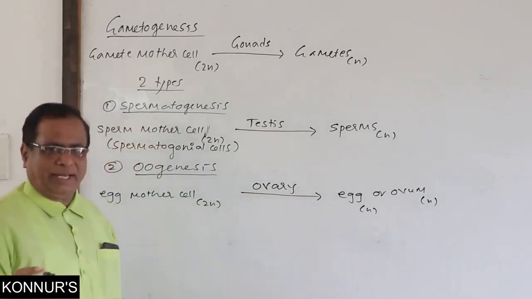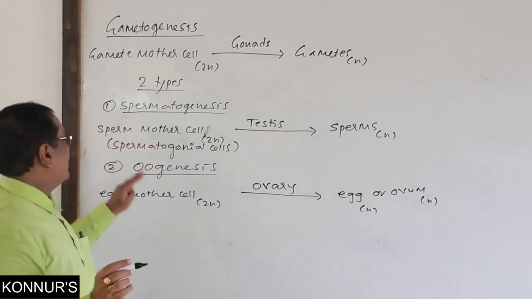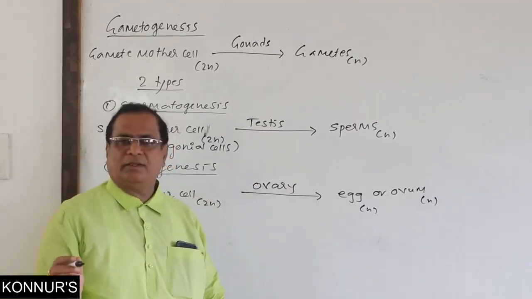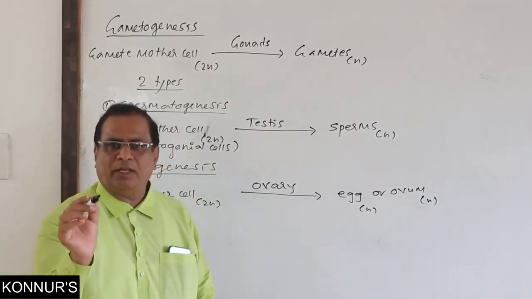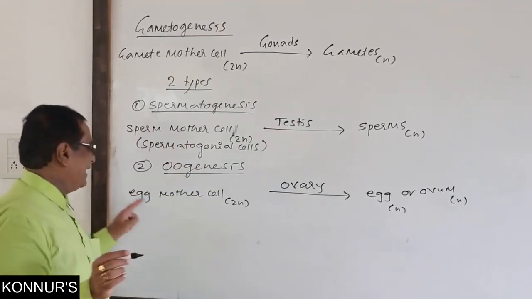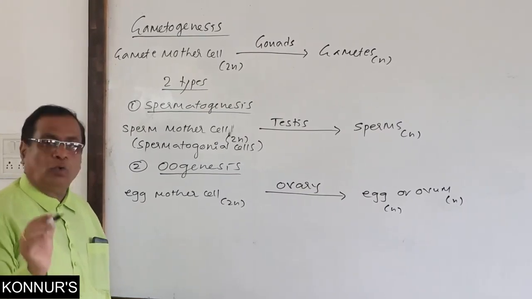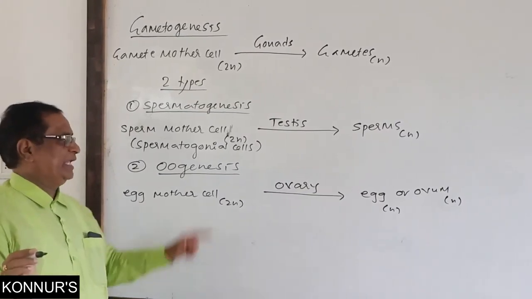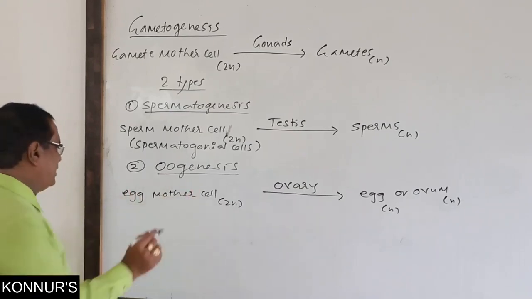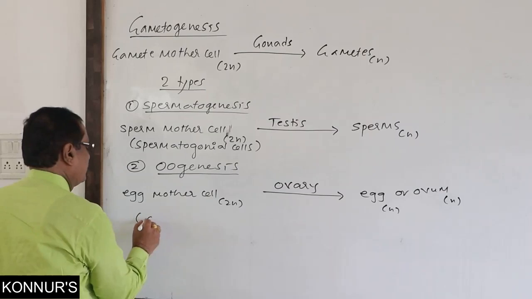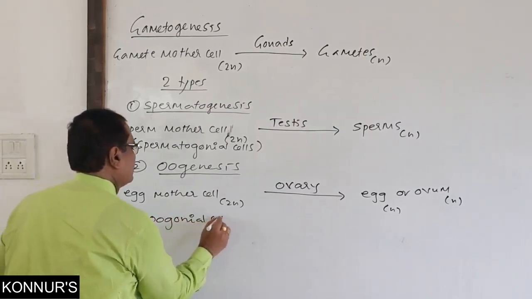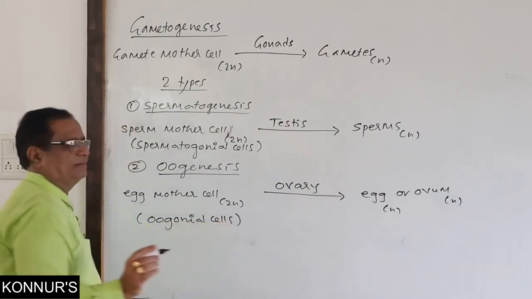Ovary is a female gonad. This is oogenesis. And egg mother cells are oogonial cells.